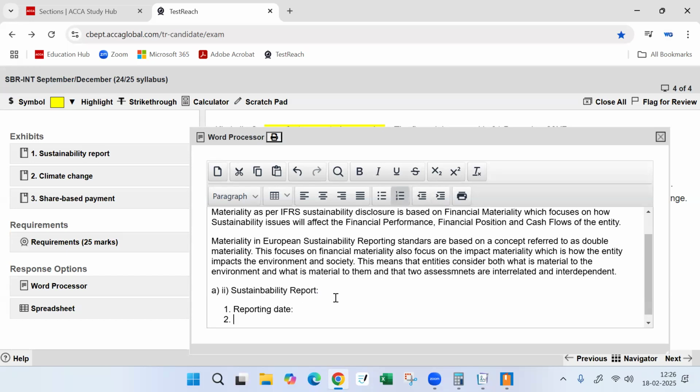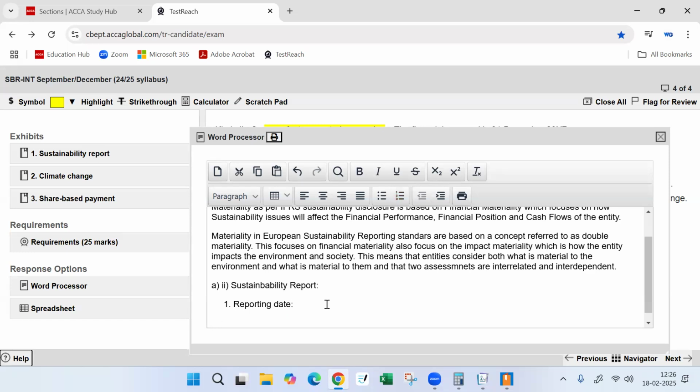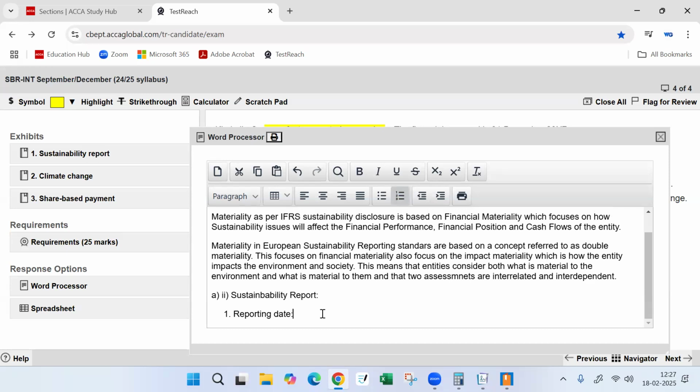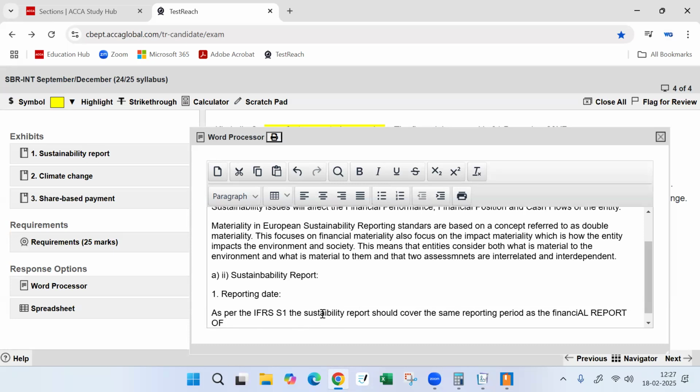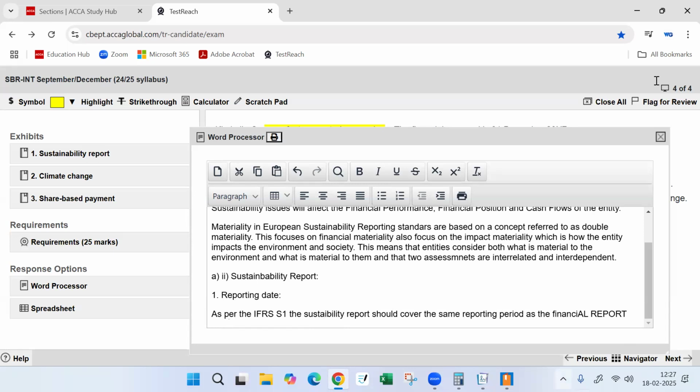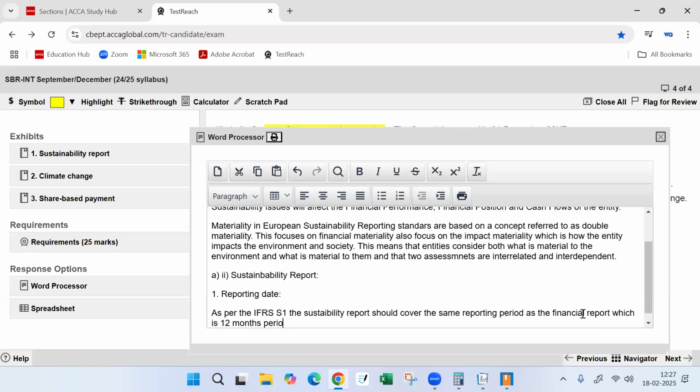So you can write that, as per IFRS S1, the sustainability report should cover the same reporting period as the financial report, which is the 12 months period to 31st December 2007.